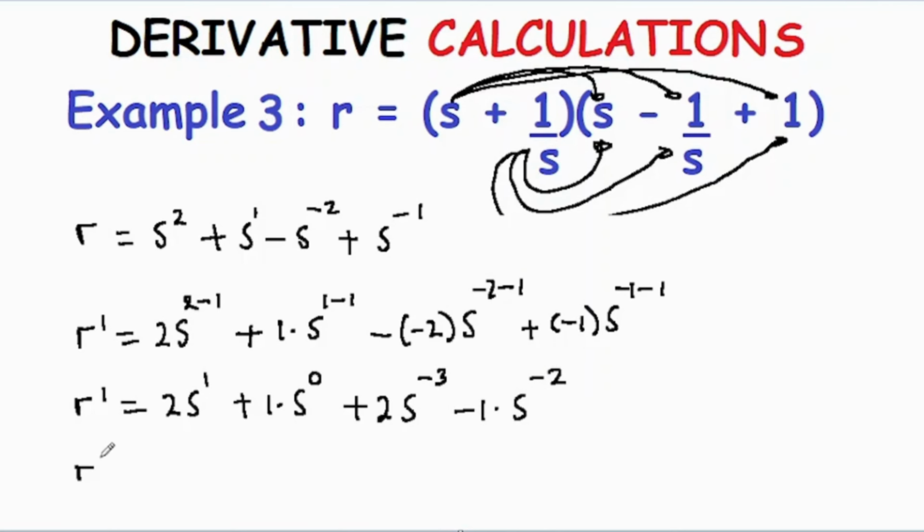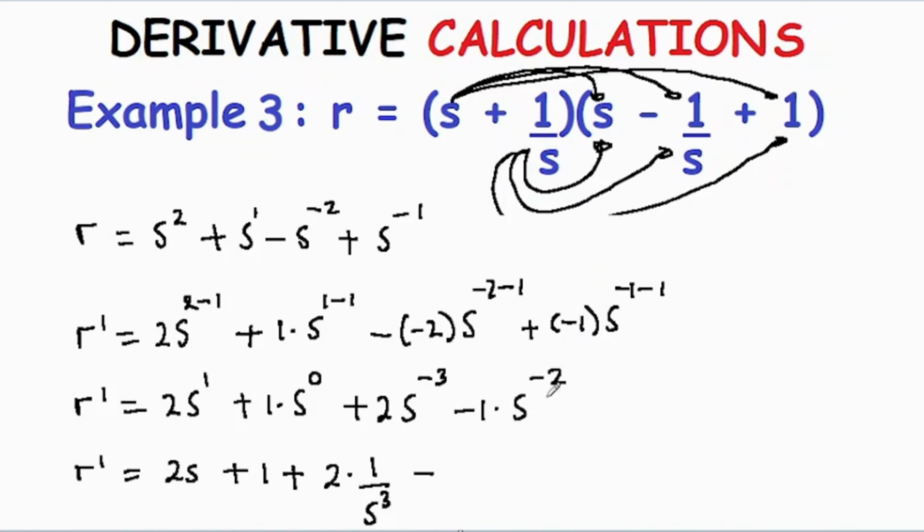Alright, so we have r prime is equal to 2s plus 1, because s raised to power 0 is 1, so 1 times 1 is 1. Then plus 2 multiplied by 1 over s raised to power 3.